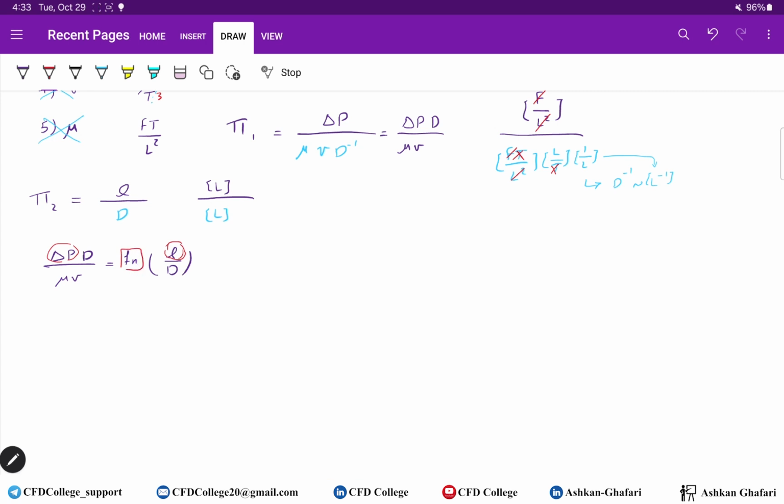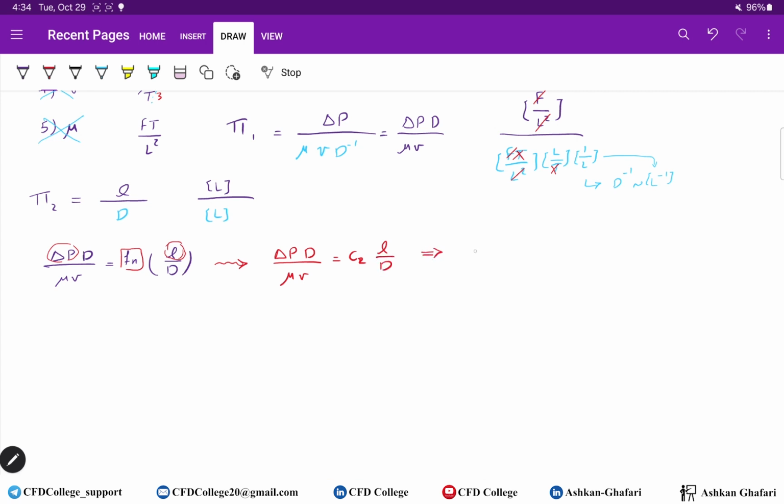It should be a constant number. In that way, we will have delta P times D over mu V equals C2, let's say, L over D.